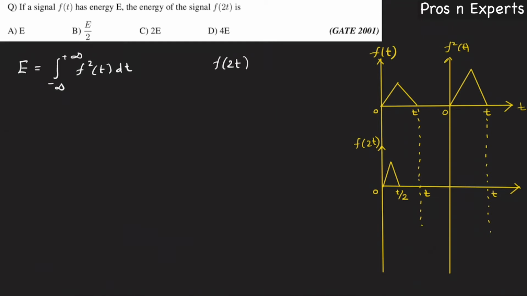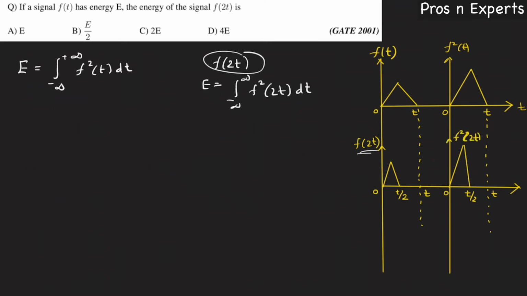Because energy of f of 2t will be equal to the integral over minus infinity to infinity of f square of 2t dt. So f square of 2t will be a squared version of f of 2t, again from 0 to T by 2. This is f square of 2t.